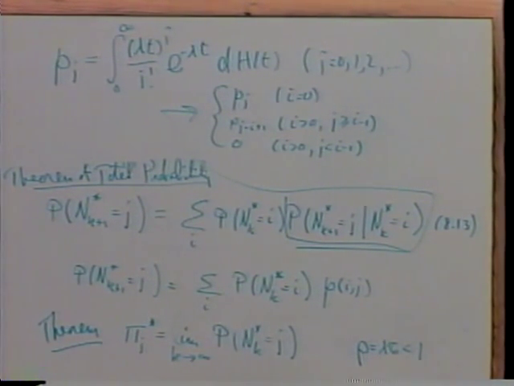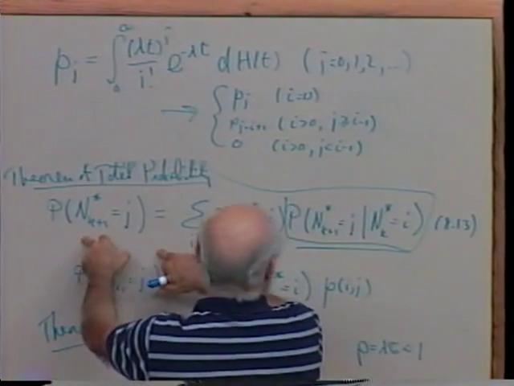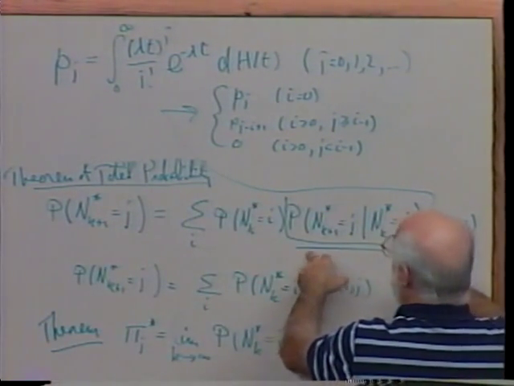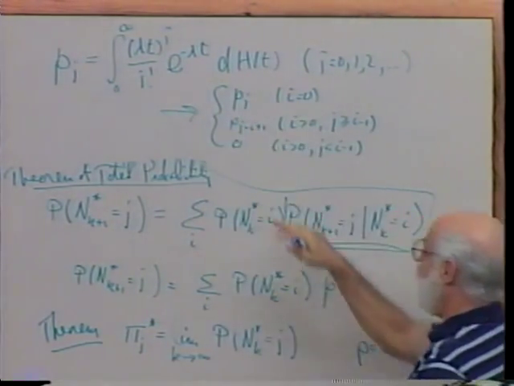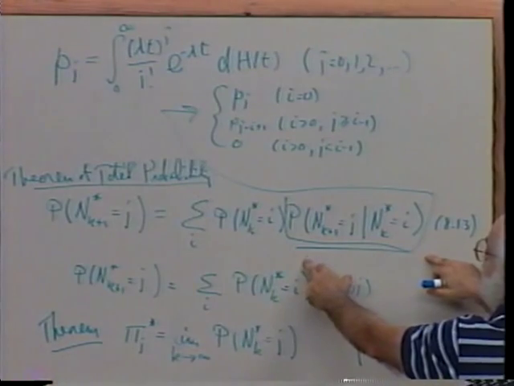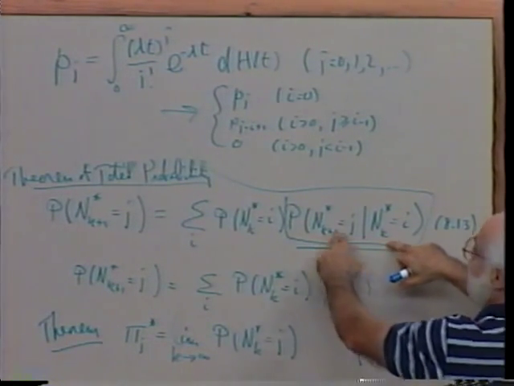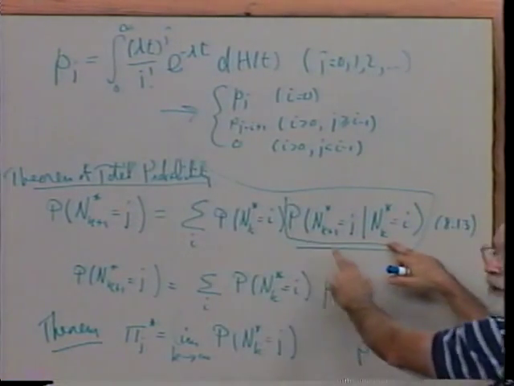And now let me rewrite these equations. I'm going to take these equations and plug in to these the limit, as k goes to infinity. Now when I take the limit, since these don't have k in them, as we already showed, they're not affected by the limit.